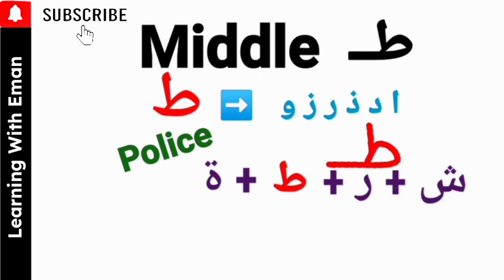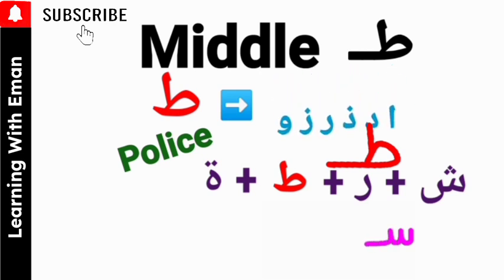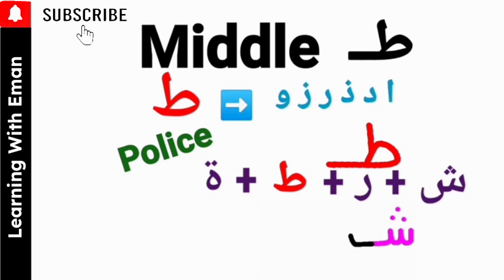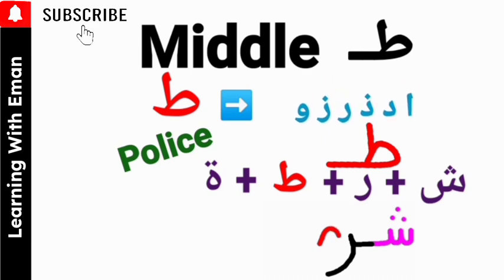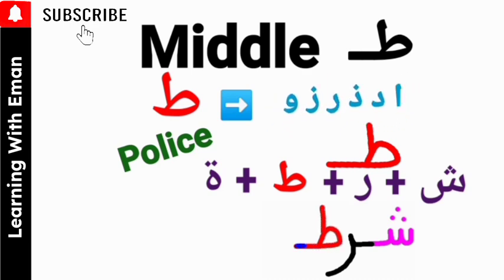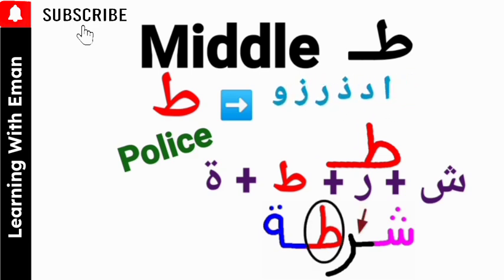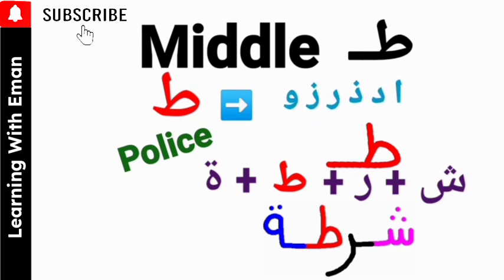Now let's join these letters together. شو، ر، ط، هي. شرطة.